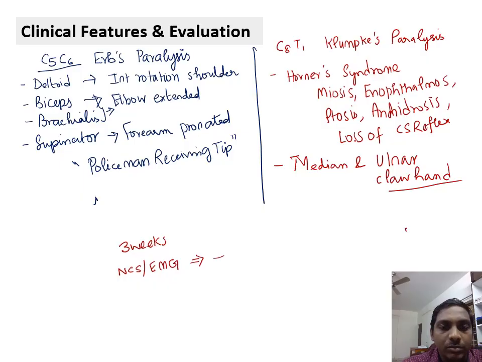If it turns out to be a positive sign for recovery, you have to wait for another 3 months. Every 3-month interval you need to do the nerve conduction study and electromyographic study to detect the progress of the lesion. If it is not showing any signs of recovery, then you have to offer surgery. That is in the case of closed injuries.